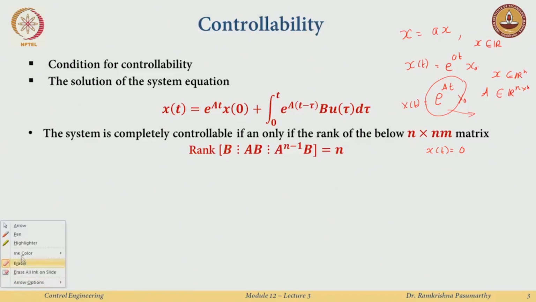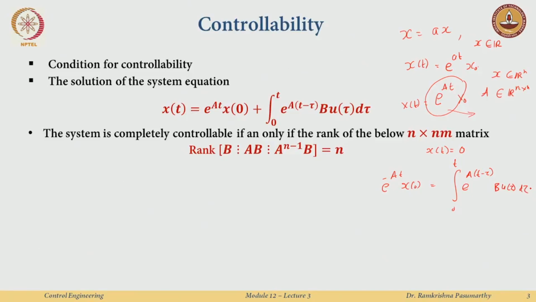So, on the left hand side I will have 0, and on the right this would be x naught e power minus a t plus the integral of the entire thing, e power a t minus tau, b u tau d tau.